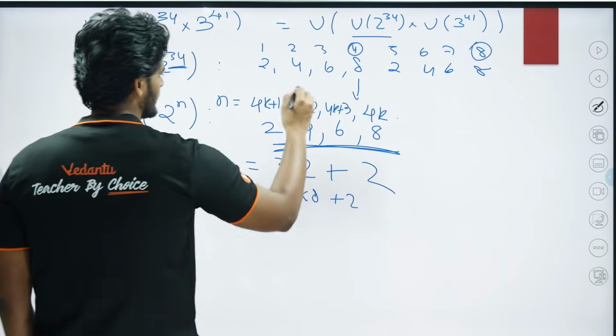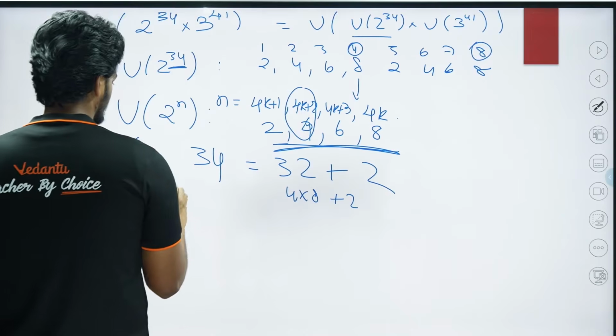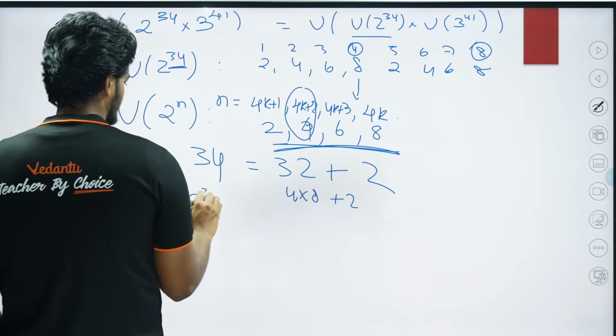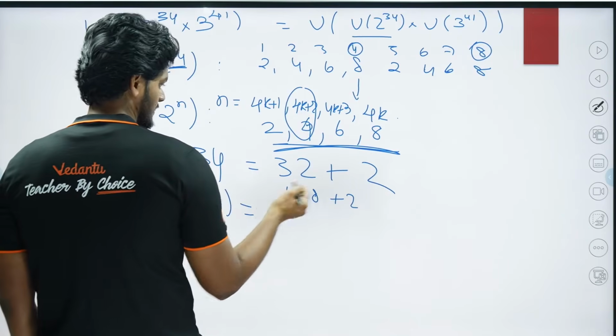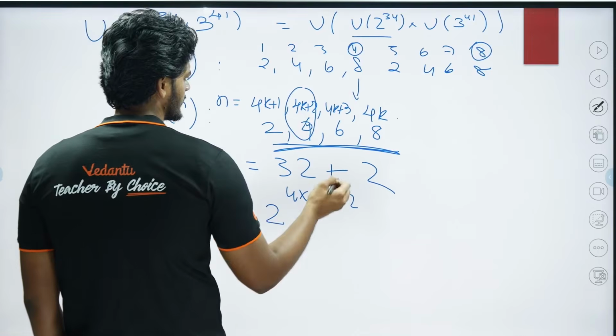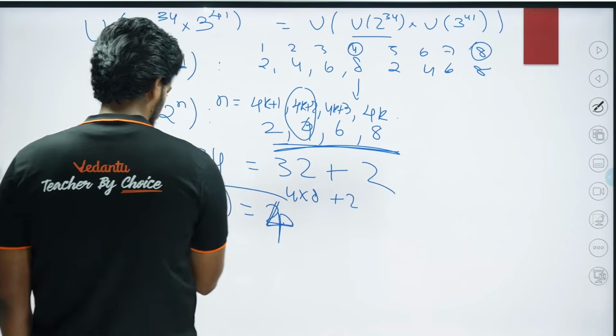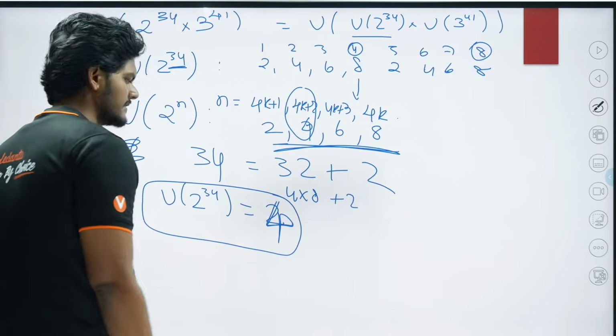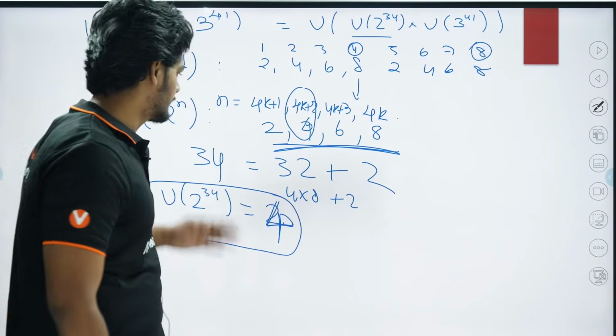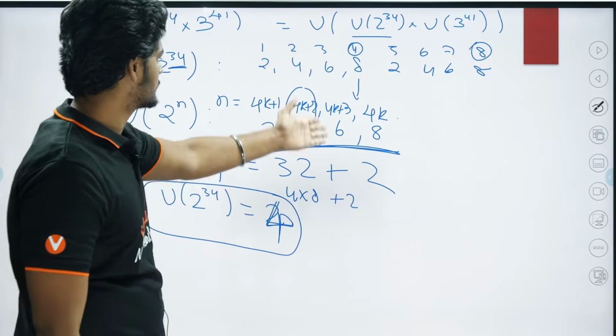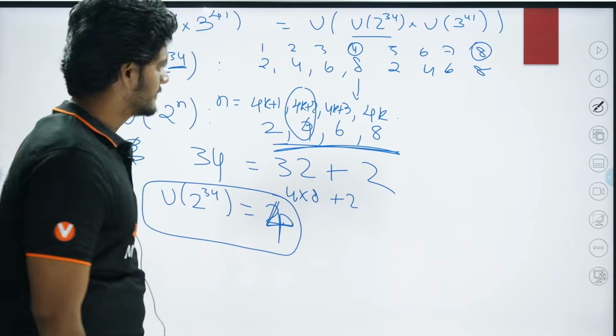So it is of the form 4k plus 2. So the unit digit of 2 power 34 will be 2. Oh, I'm sorry, 4. Is that understood? Because 34 is of the form 4k plus 2, right?